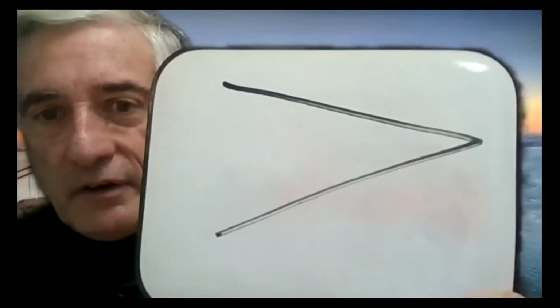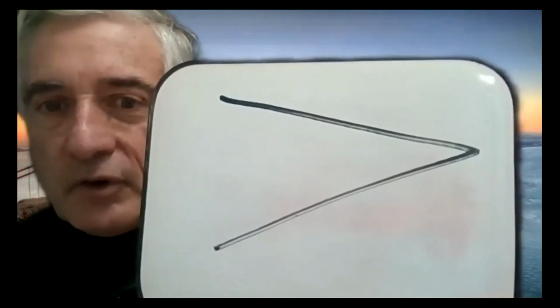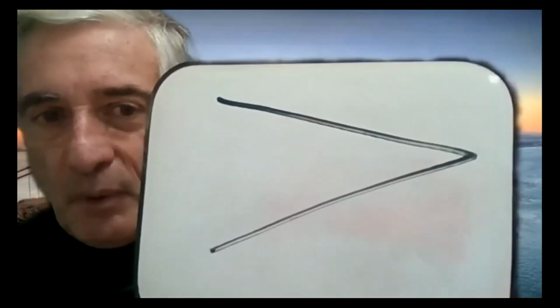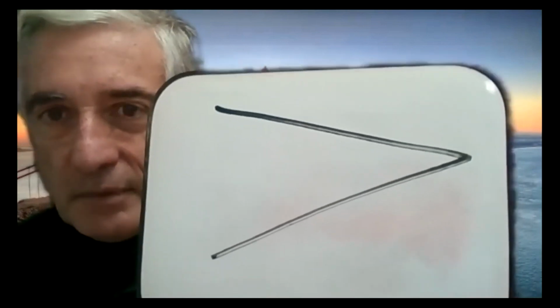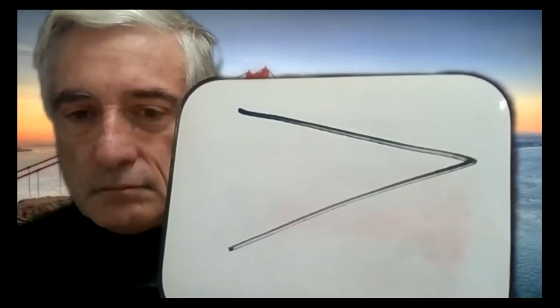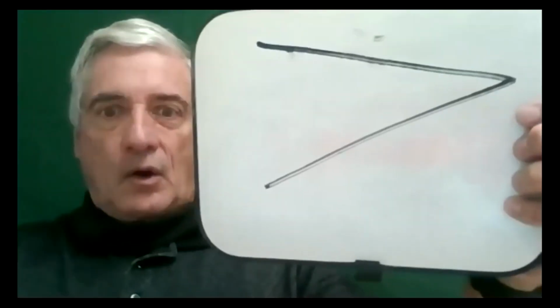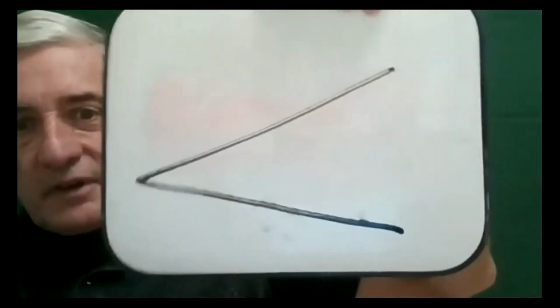But in that direction, the Pac-Man mouth goes toward the big number, and the pointy little line, the acute angle, goes toward the small number. Once again, that sign is either less than or greater than, because we flip the sign both ways.